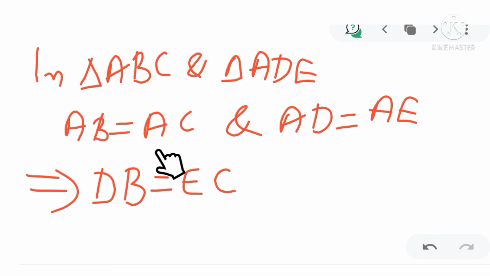Here AB equal to AC and AD equal to AE. Therefore we can write DB equal to AC.